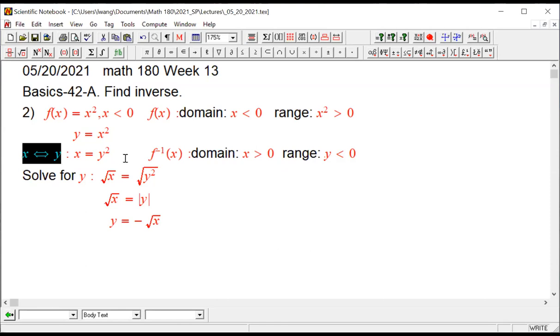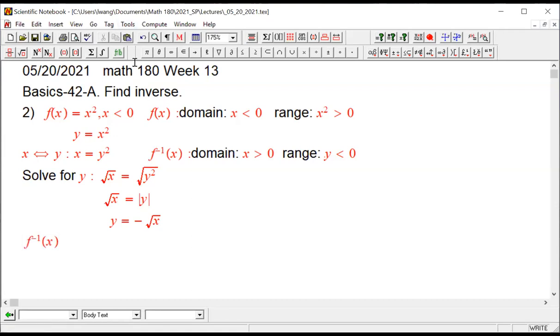And it is at this moment that the domain and range of the inverse function is also decided. Got it? That's very important to understand. So now we have the inverse function.